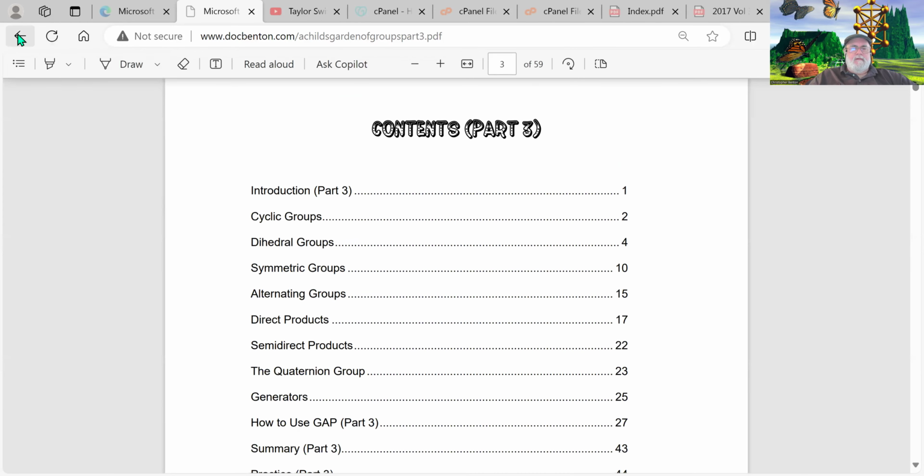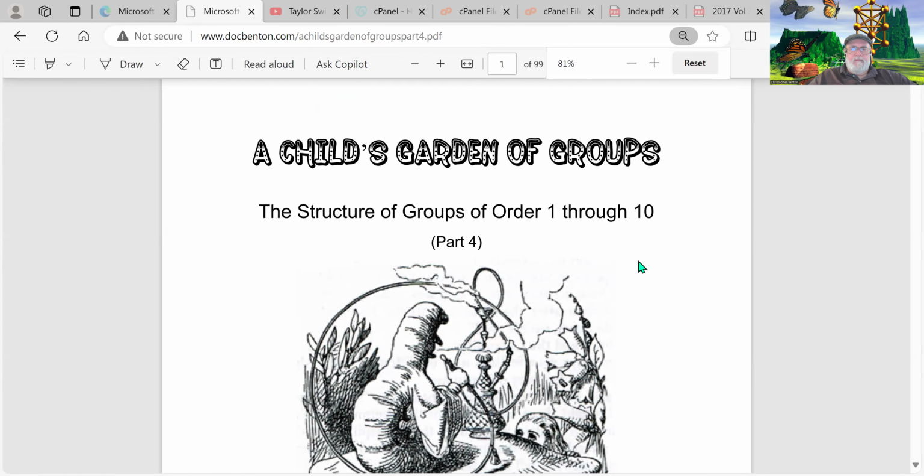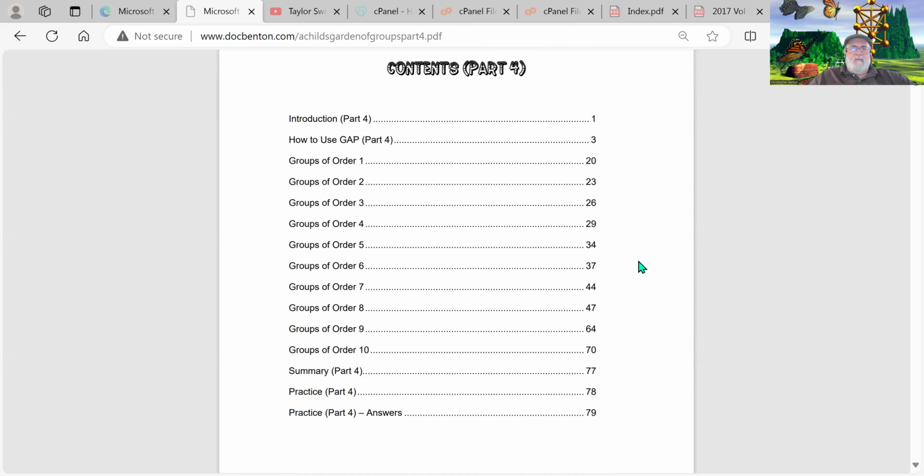And let's see, take a look at part 4. Part 4, I just do a thorough analysis of the structure of groups of order 1 through 10. So the order of a group is the number of elements in the group. So some orders have just one group.